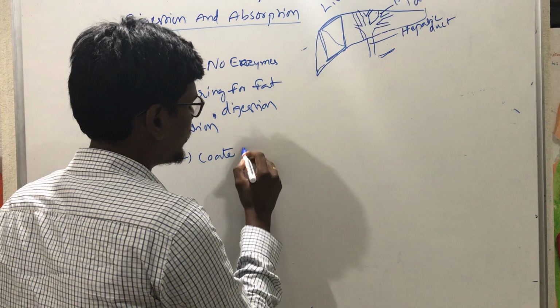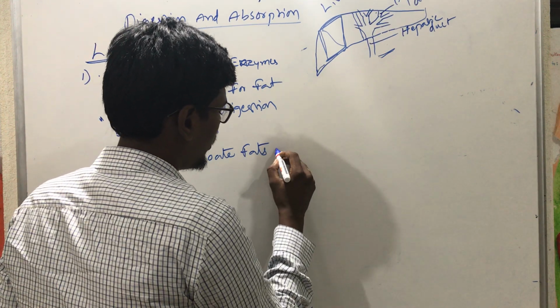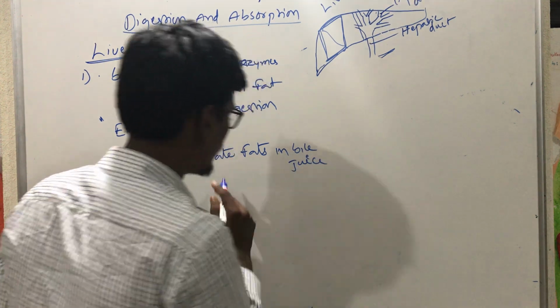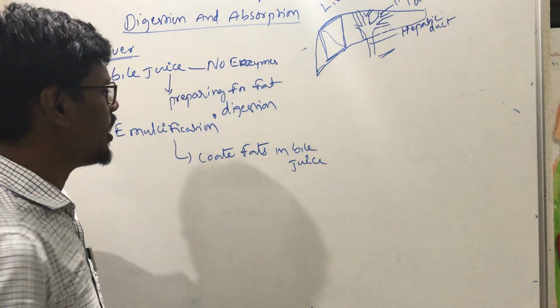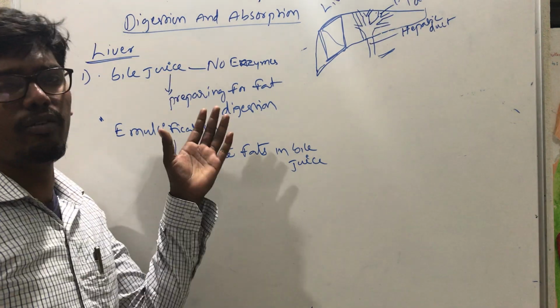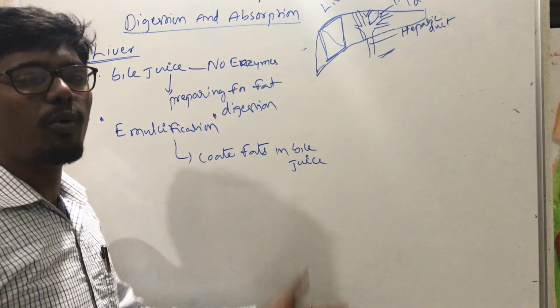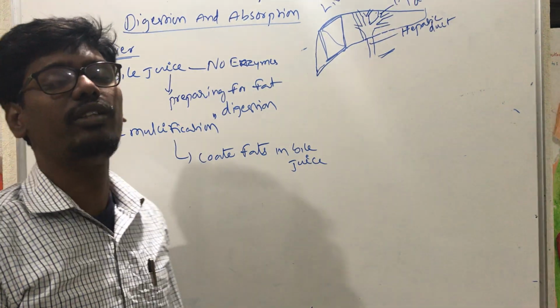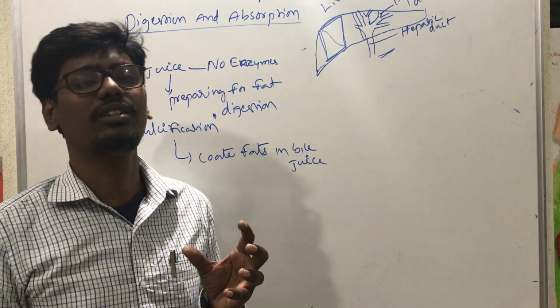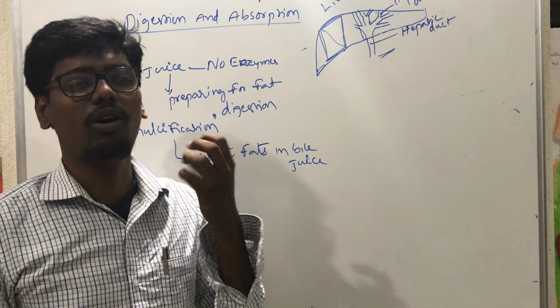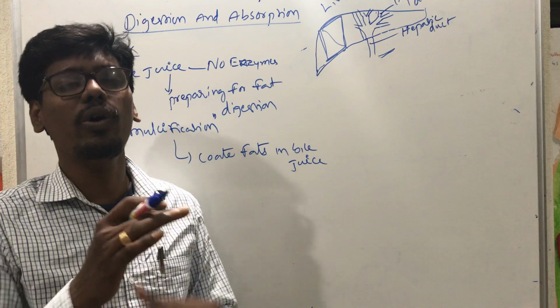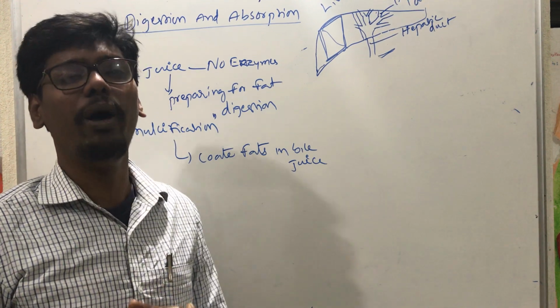The large fats are broken into small particles coated with bile juice.